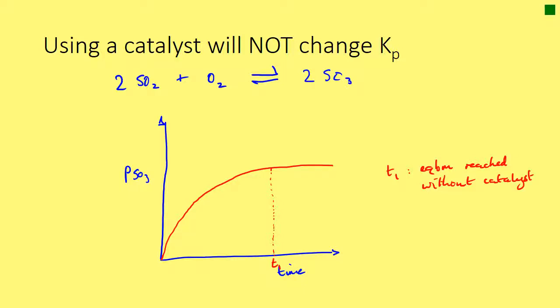Now let's say we do that whole same reaction with a catalyst, so what the big bold black statement at the top is saying is that we will not change Kp. Right, so the partial pressure at the end is going to be the same. So we're going to reach the same equilibrium position, like that.